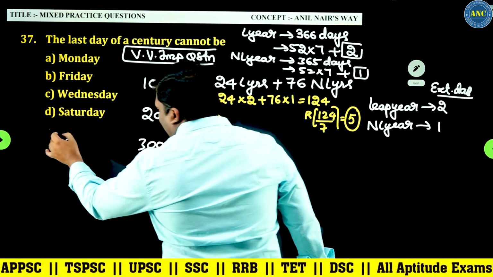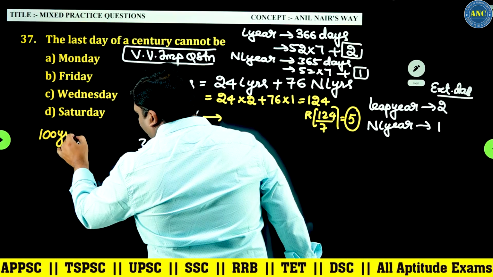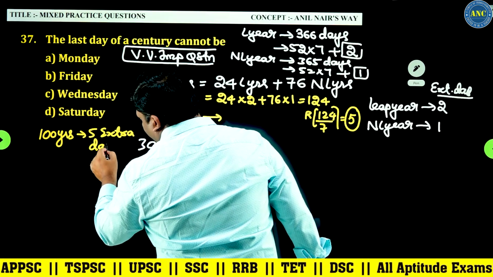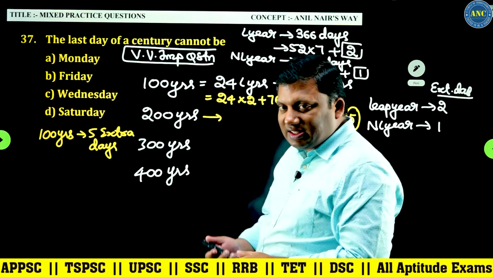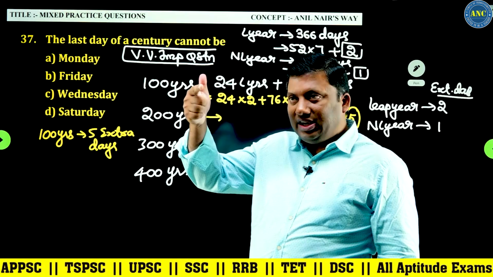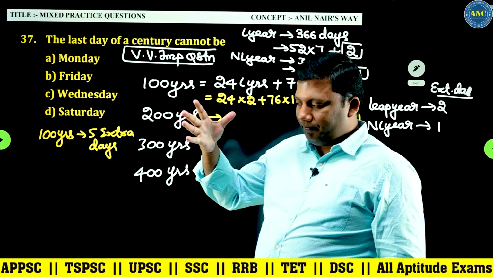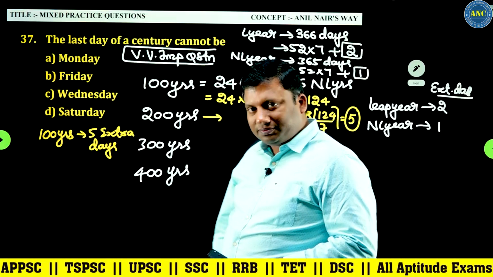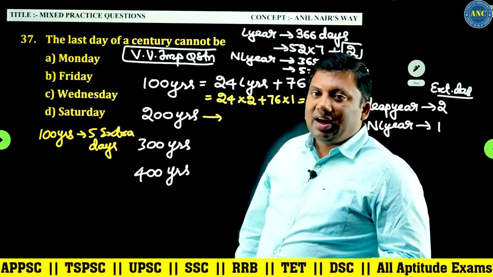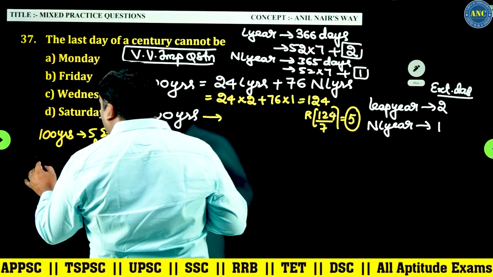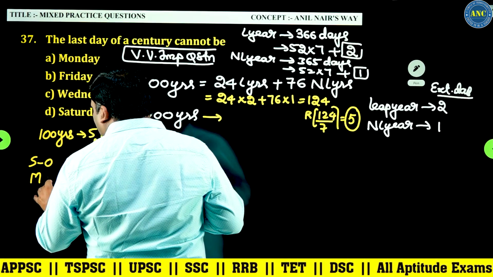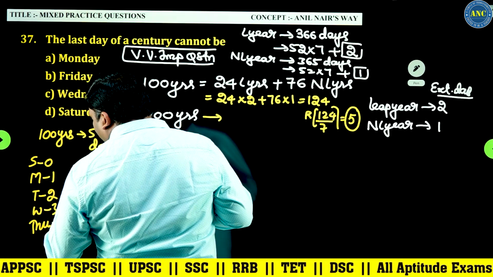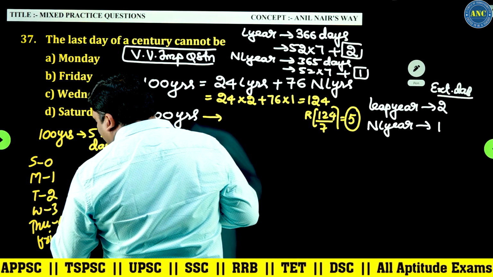When I say 100 years has 5 extra days, what does that mean exactly? Till December 26th it is over, then 27, 28, 29, 30, 31. 5 extra days means the last day of the 100th year has code 5. By the general convention, Sunday is 0, Monday is 1, Tuesday is 2, Wednesday is 3, Thursday is 4, Friday is 5, Saturday is 6.